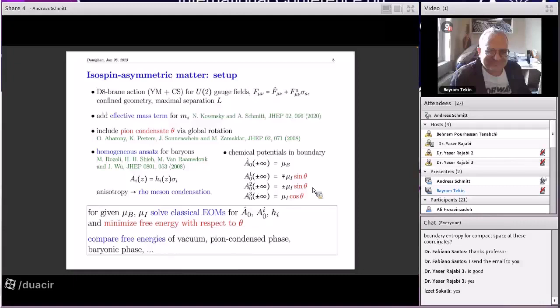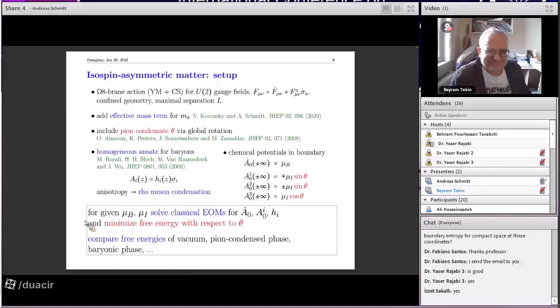As I said, I put the boundary conditions here on the right. Because of the rotation we are doing for technical reasons, the pion condensate appears in these boundary conditions. We determine the pion condensate dynamically. That's important. It's not just a number. It depends on mu_I and mu_B. And in the box at the bottom, you see what we do practically.